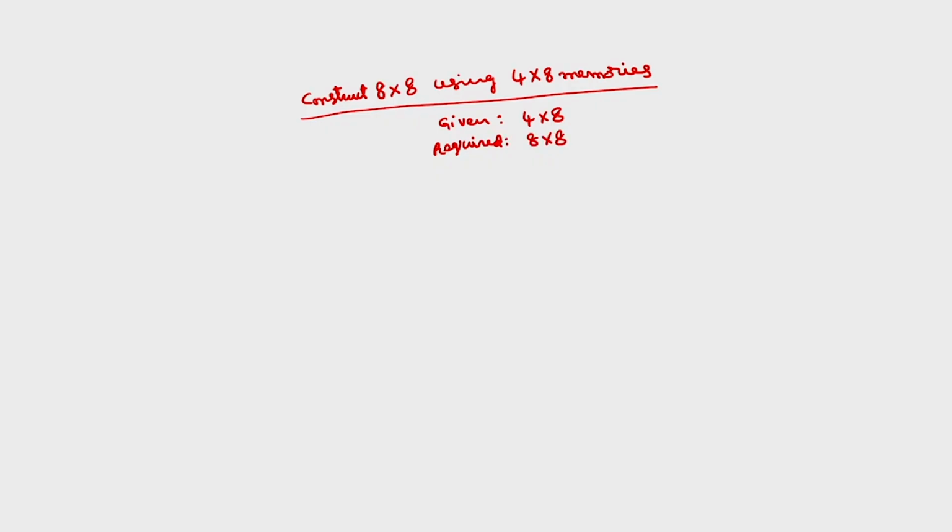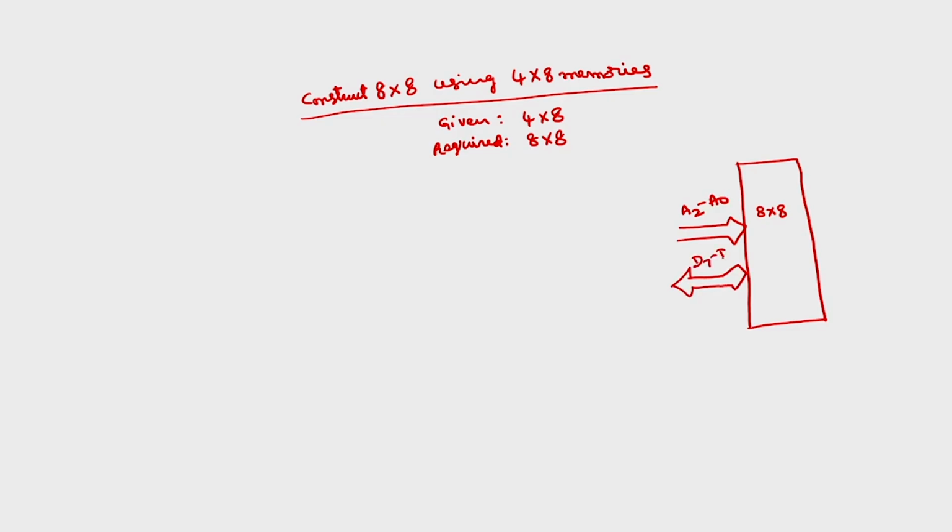So, for 8 by 8 you have to draw the block diagram. 8 by 8 will have 8 locations, each location capable of storing 8 bits of information. So, how many address lines will be there? For 8 by 8, 3 address lines, A2 to A0, and 8 data lines, D7 to D0.